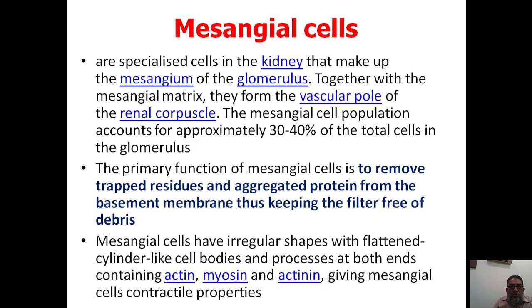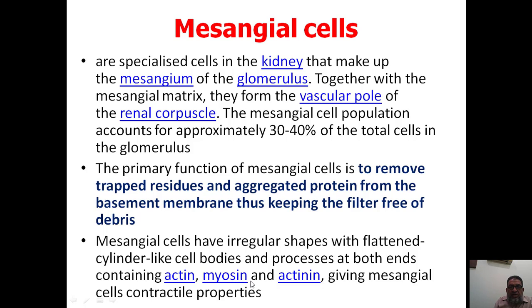Very important, a very crucial role. That is the wear and tear from the mechanical effects produced within the filtration process. The residues and various types of unwanted protein collected within the filtration slit will be absorbed and engulfed by the mesangial cell. Mesangial cells have an irregular shape and flattened cylinder-like cell bodies.